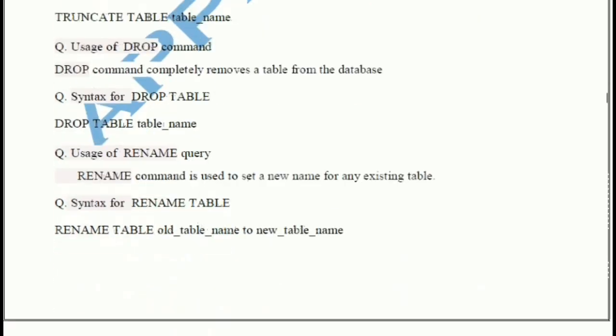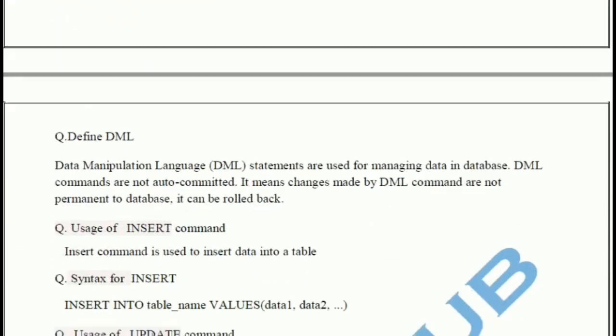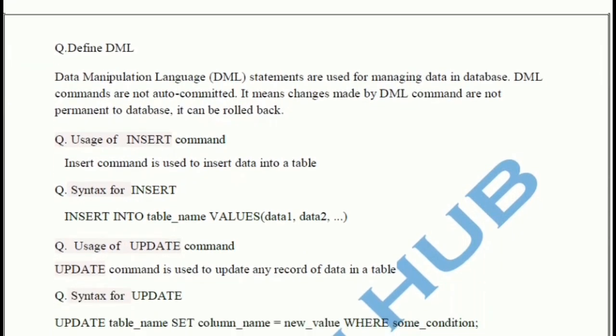Rename: if you want to set a new name for an existing table, you can go for rename. In alteration also we have rename, an alter-rename combination. An individual rename command also we have. Rename table, old name to new table name. This is what we have to remember in database management system.